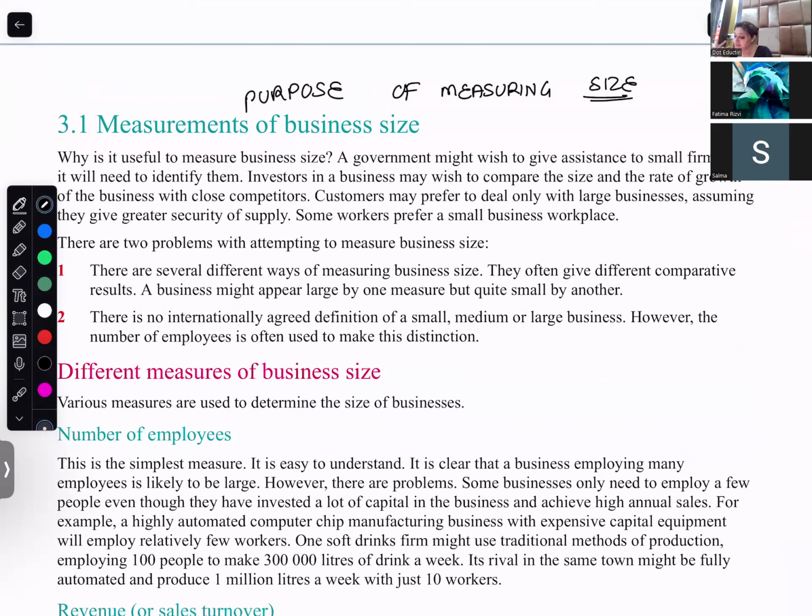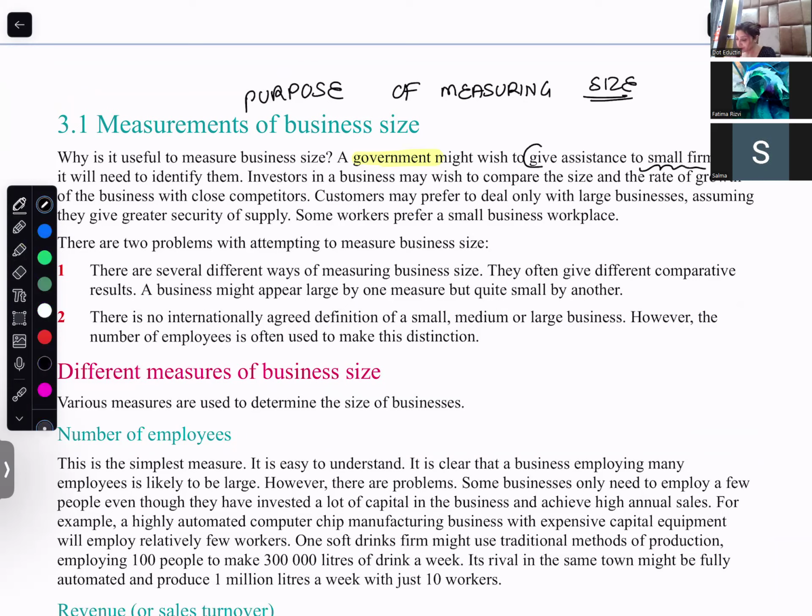Investors are interested in the size of the business or the growth rate of the business. And maybe customers want to know too because they want to purchase from bigger businesses. And the government might want to know the size of the business because they might want to give assistance to small firms.